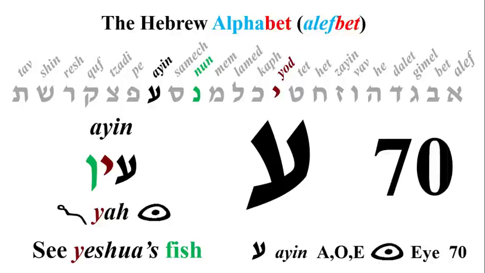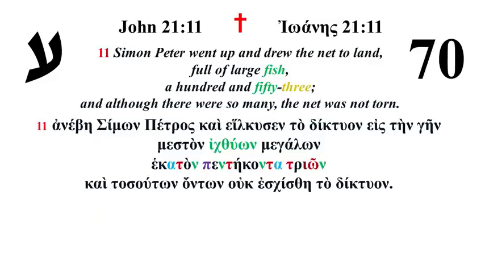This is after Jesus has been crucified, buried, and resurrected, and now the disciples are up on the Sea of Galilee fishing. And in verse 11, it says, Simon Peter went up and drew the net to land, full of large fish, 153.